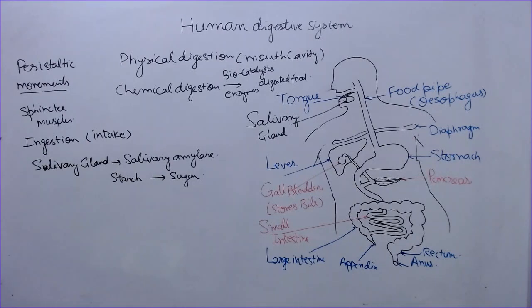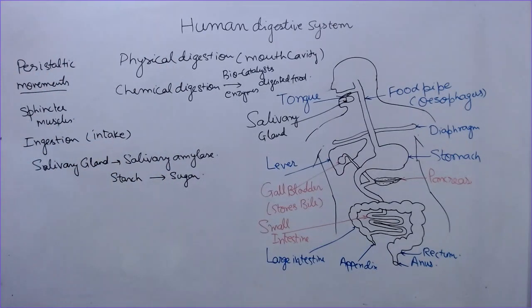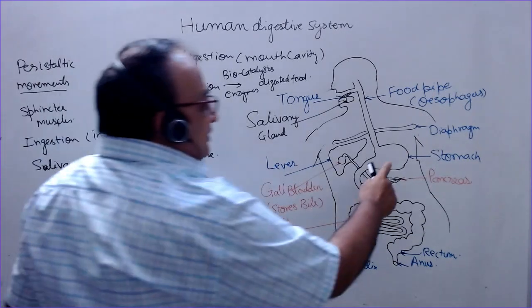Now you can see that when the food enters the stomach, the food is churned and remains here for around 3 hours, for a long time, and as a result the partial chemical digestion of the food begins. During this time, food breaks down into still smaller pieces, and becomes semi-solid.